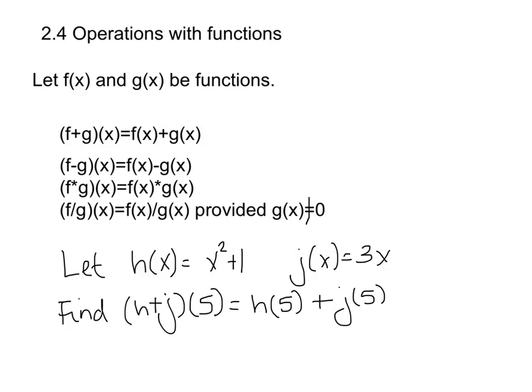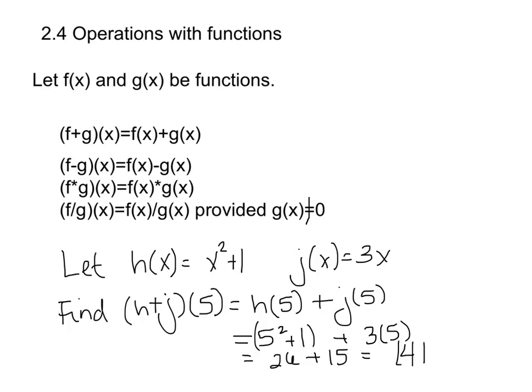So in order to find h of 5, we plug in 5, square it and add 1. And j of 5 takes 3 and multiplies it by 5. So here we'd have 26 plus 15 for a total of 41. (h plus j)(5) is equal to 41.